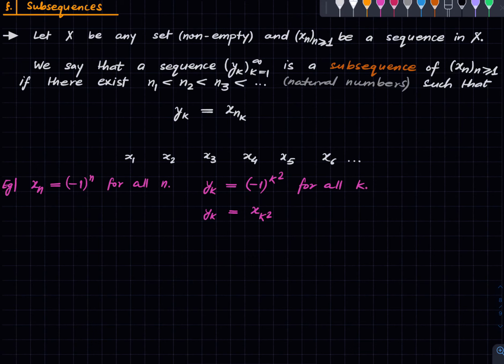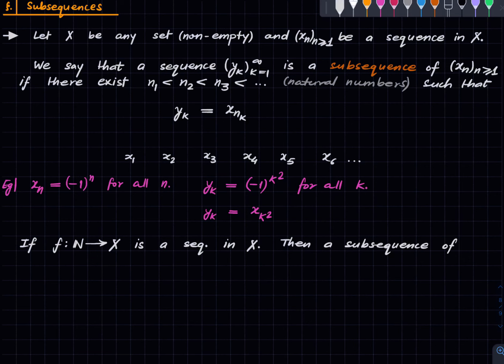Let us look at the formal version of this definition. How do we express the same definition in a more functional form, basically? So if f is a sequence in a set X, then a subsequence of f is any sequence in X obtained as follows.